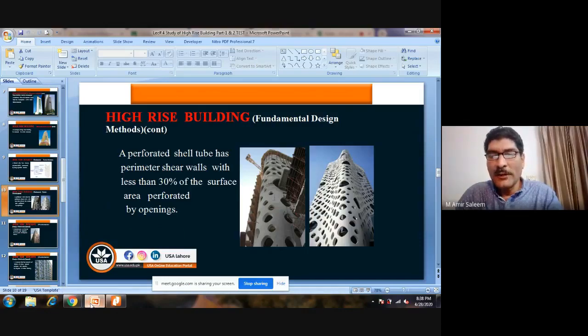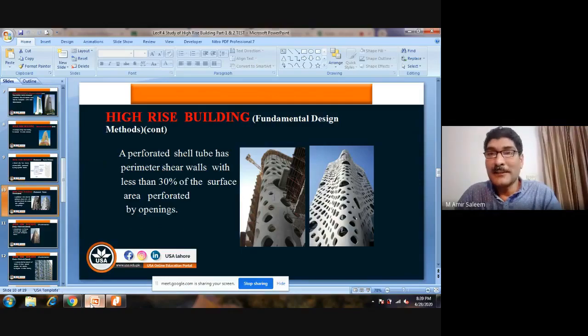So again, when we are going to perforated walls, perforated shells for the tube, it means we are going to reduce the overall dead load, static load of the structure. Number one. Number two, we provide the shear walls, which support the main core to save it from the lateral movement. And the most important for the architects, it may increase the aesthetic of the building.